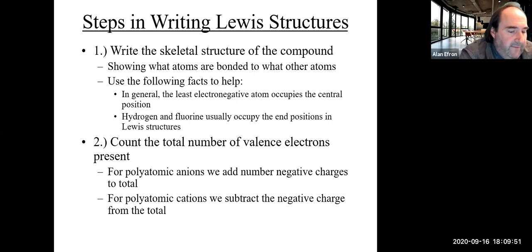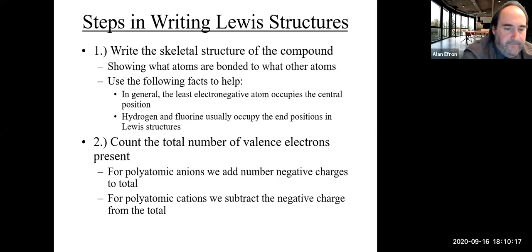So the first thing you want to figure out, when you're drawing a Lewis structure for a covalent compound, is the logical arrangement of how all the atoms fit together. To help you decide that, usually the center atom is occupied by the least electronegative atom. And for the most part, everybody else is attached to it.